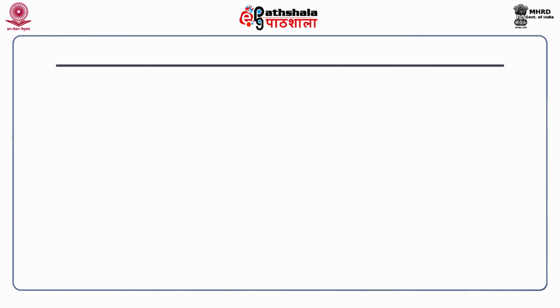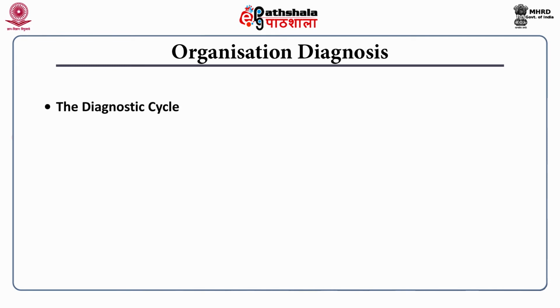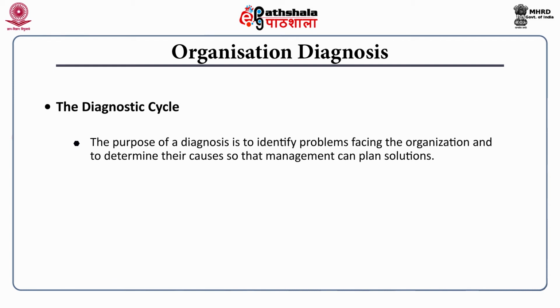Let us understand the organizational diagnosis process. The diagnostic cycle includes identifying the problem that the organization is facing and determining the causes so that the management can plan solutions.